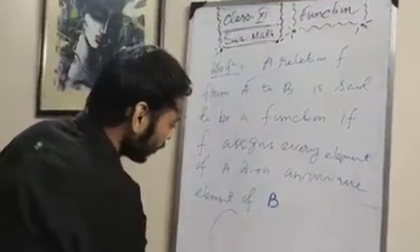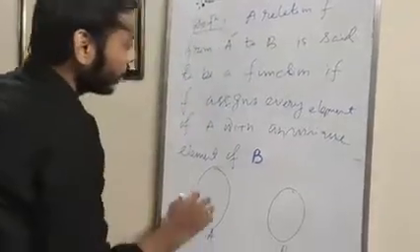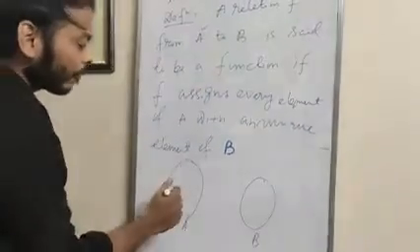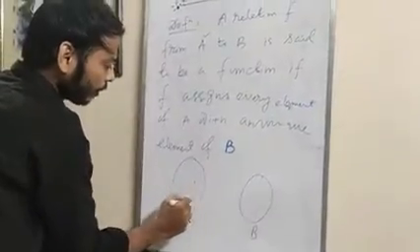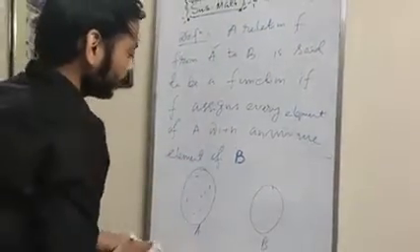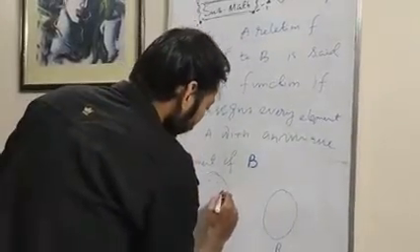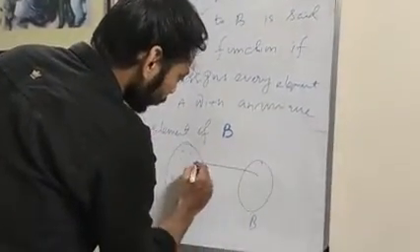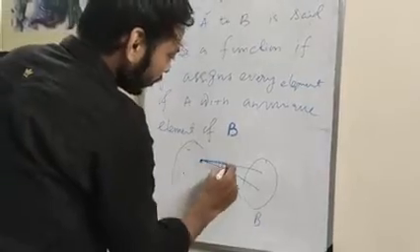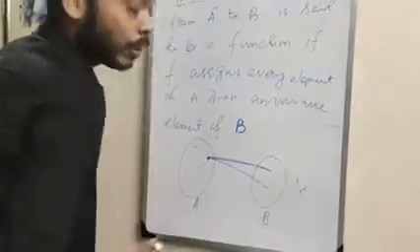That means if this is the domain and this is the codomain, then f has to cover all the elements of A, and with a unique element of B. If from this element it goes to this and this, that means it assigns to two elements of B, then it is not a function.